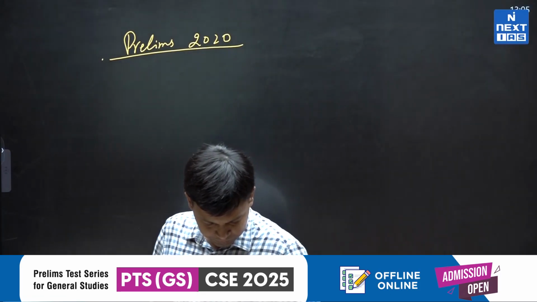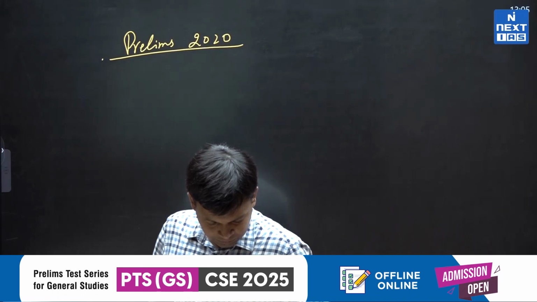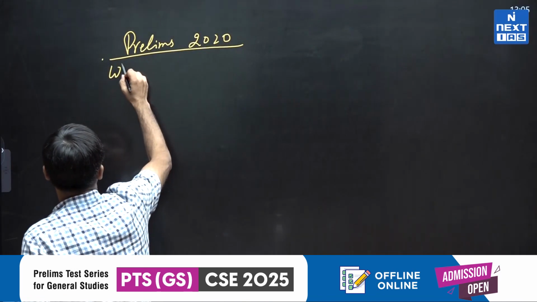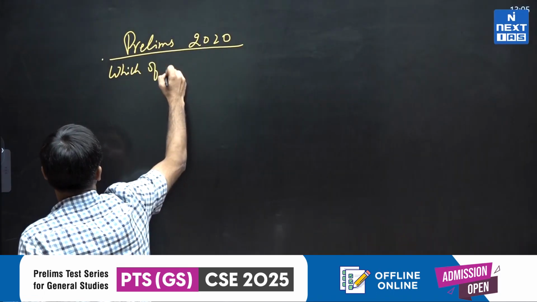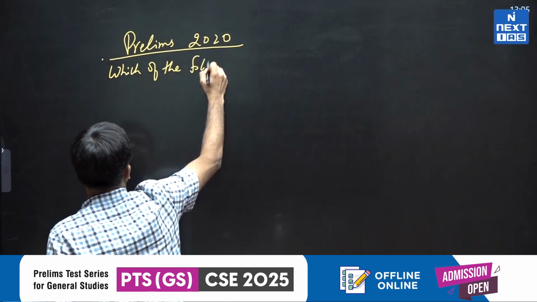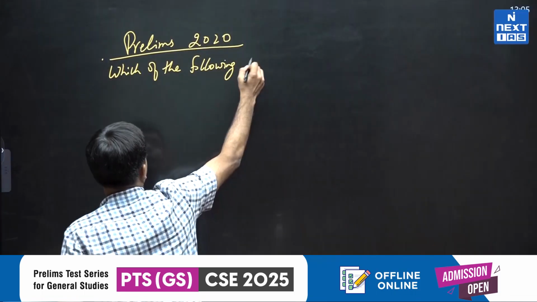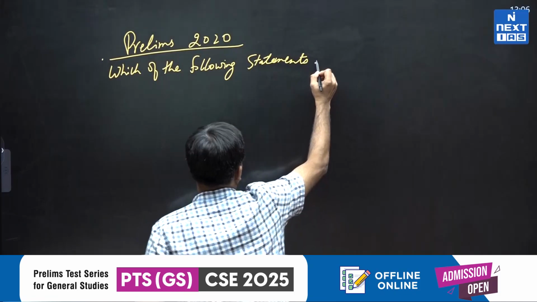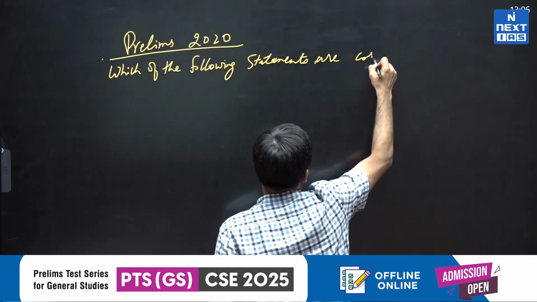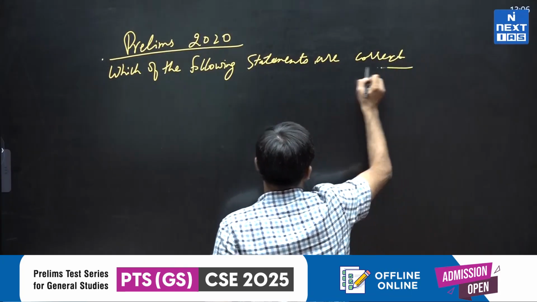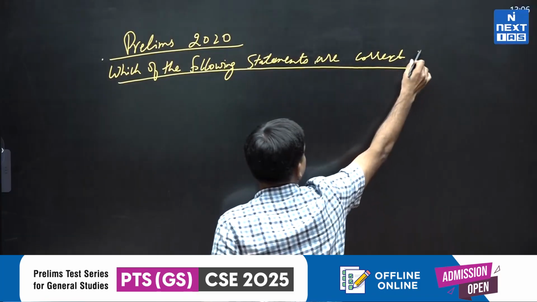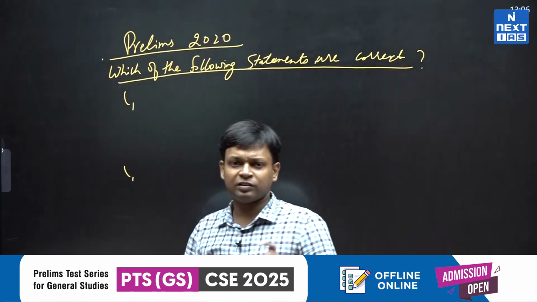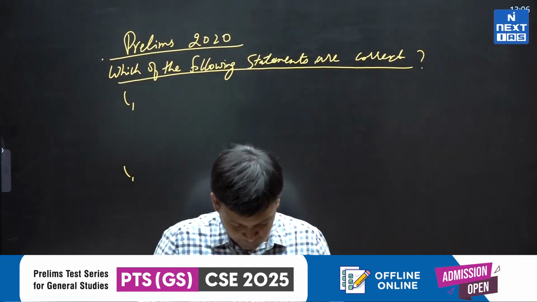So the question was, which of the following statements are correct? And you had two statements. The first statement talked about the basic structure of the constitution. What does it say?